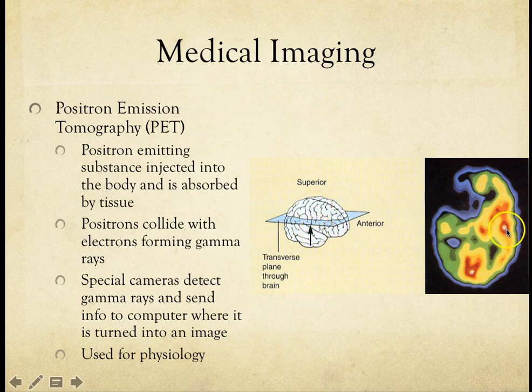And what you'll see, the red spots are the areas where the brain is active. Now, the scary thing, and the thing that should make you go, is this very large blue-black area in the upper left corner. That basically shows that there's no brain activity in that entire part of the brain. So what happened to this individual is they suffered a massive stroke, and that part of the brain is no longer functioning.